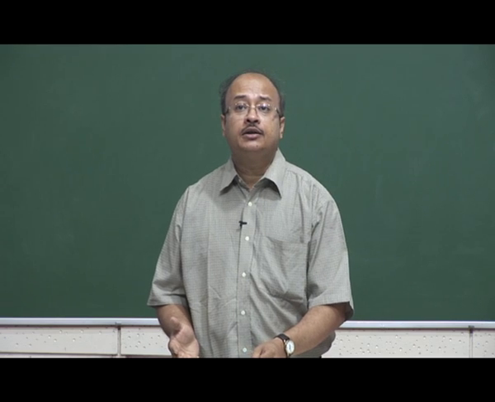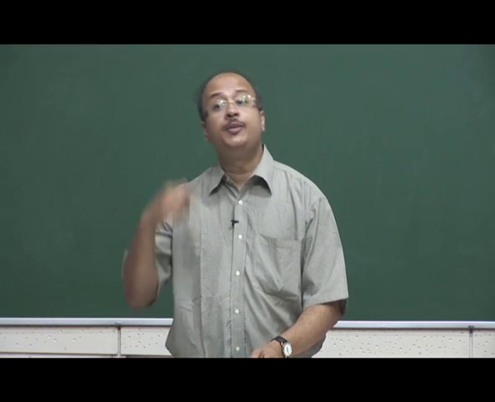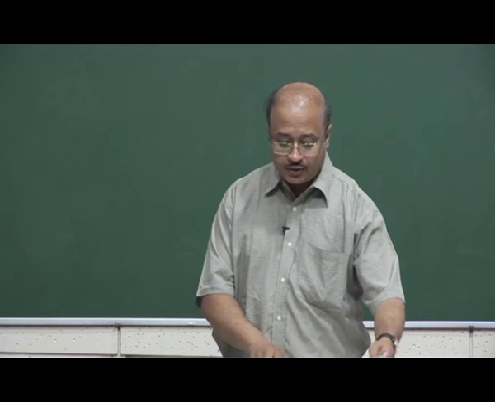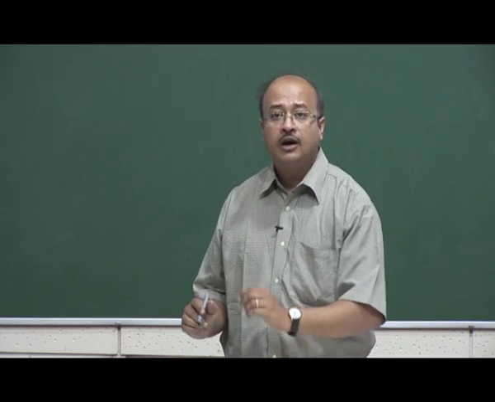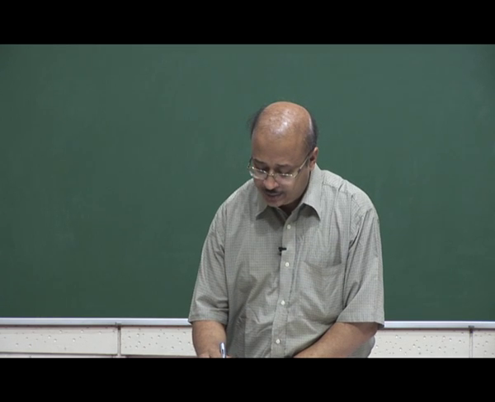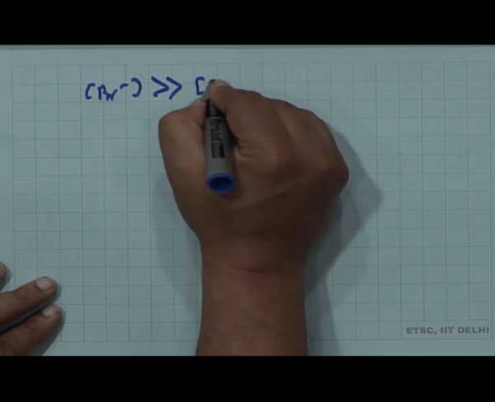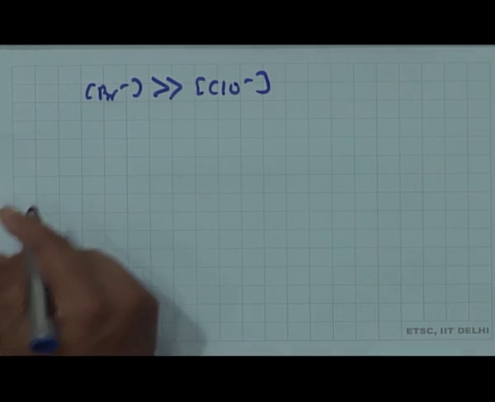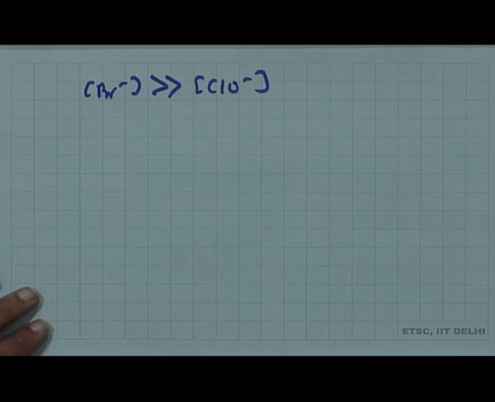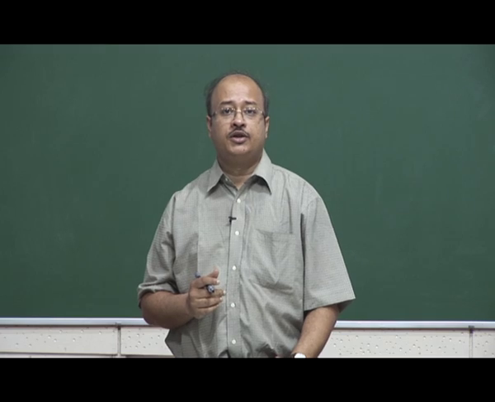Now, you can understand, how do we know how it depends upon the hypochlorite? In that case, I have taken hypochlorite in large excess. Now, the next point is I will take the concentration of bromide in much excess over that of hypochlorite, say again 50 times more.